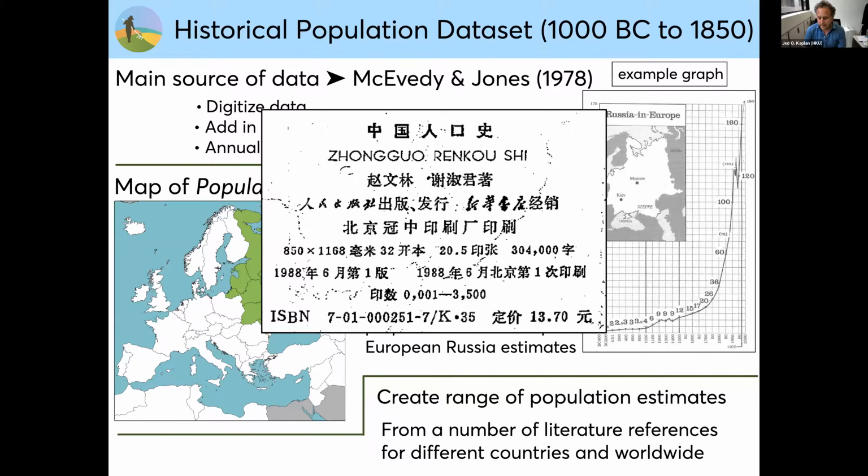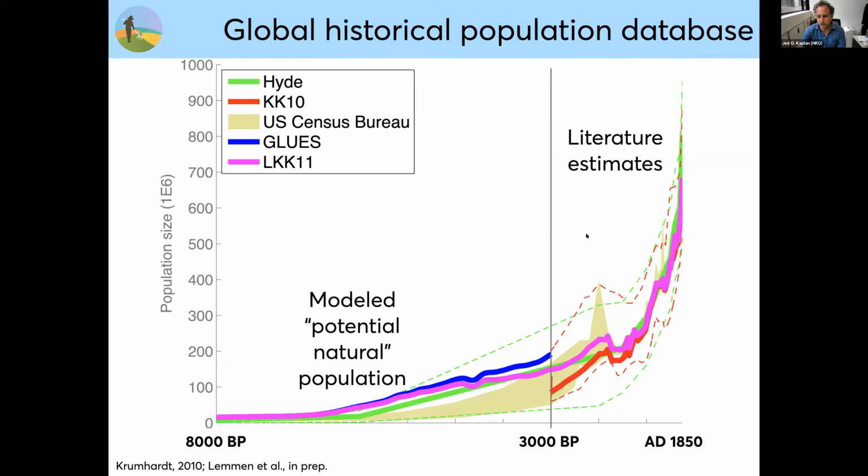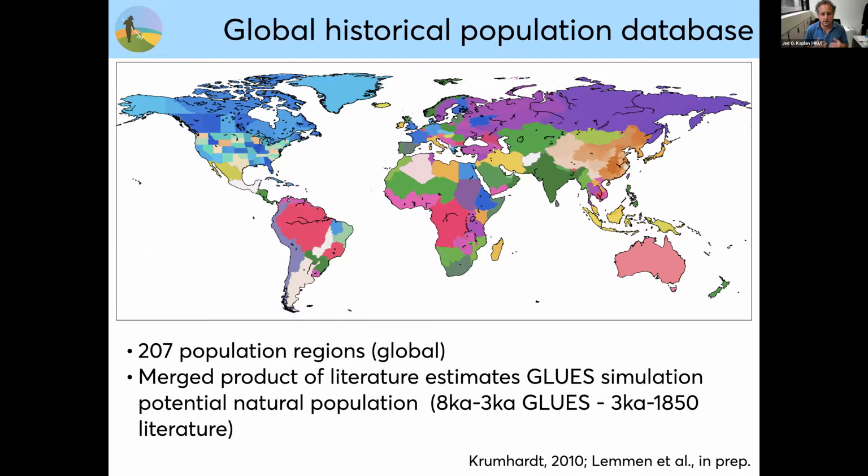And we were able to take those literature estimates, which cover roughly the last 3,000 years, with a model of potential natural population, if you want, that takes into account how and where people were using agriculture at different times, and build that into a global historical population database that covers these 207 regions of the world, some of which are amalgamations of countries, others are subdivisions of countries.